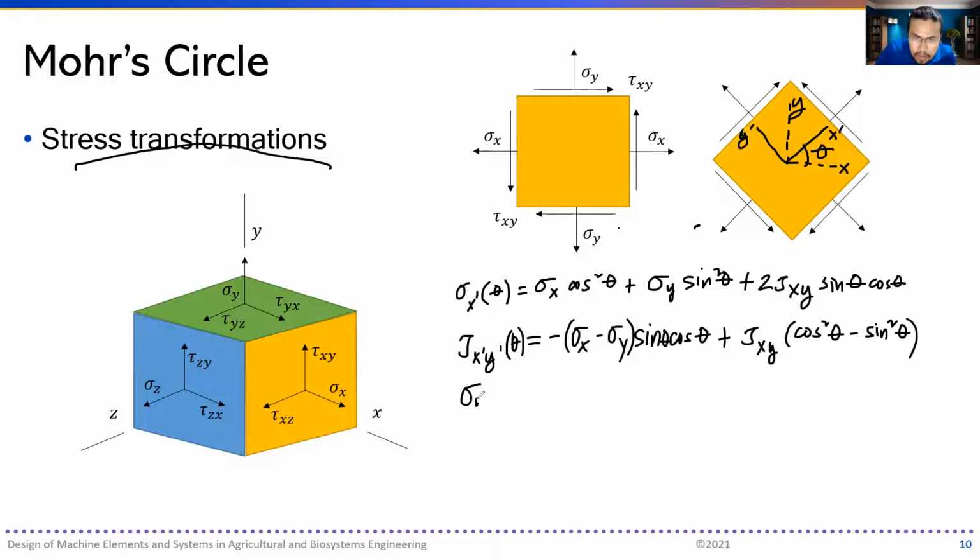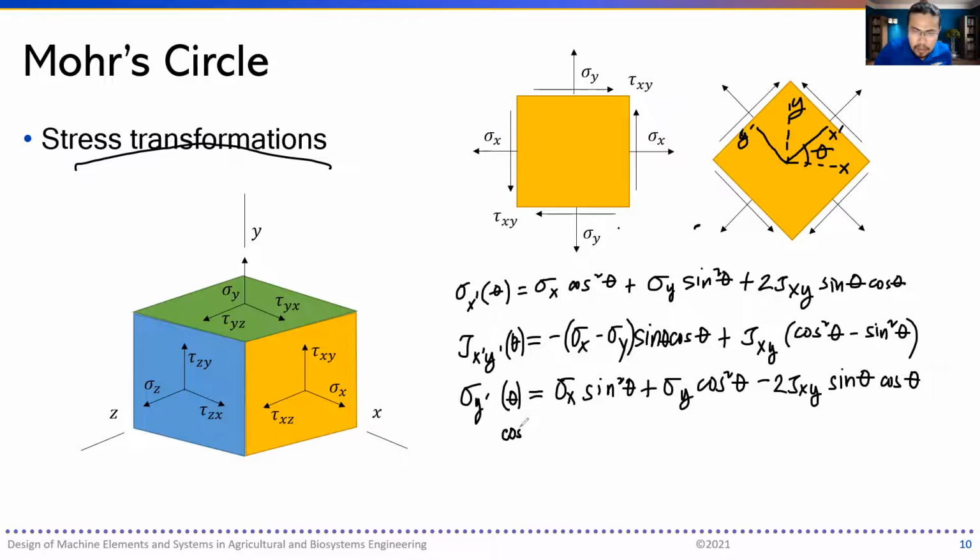And you have your y prime with respect to theta. If you look along the x prime, it's somehow similar looking to that one, so it's as shown. It's going to be minus 2 times the shear times sine theta cosine theta.